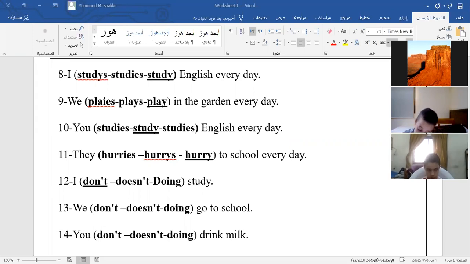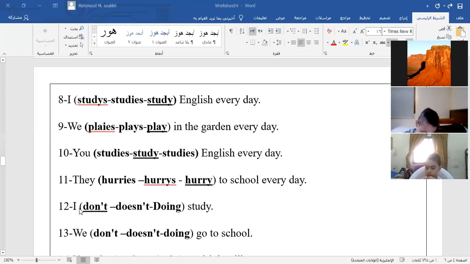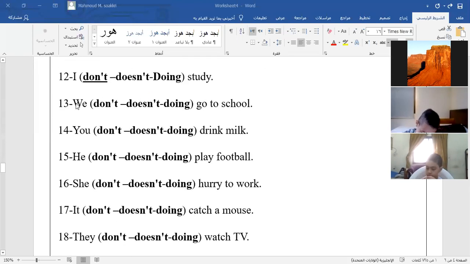Qusay? 13, please. We don't, or we doesn't, or we don't doing, go to school.